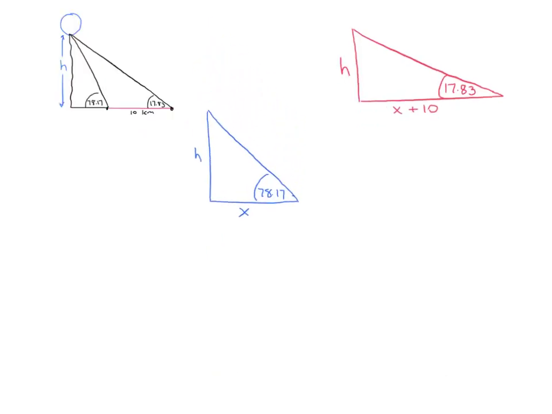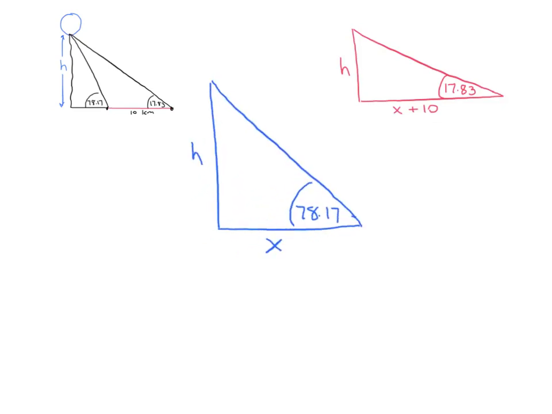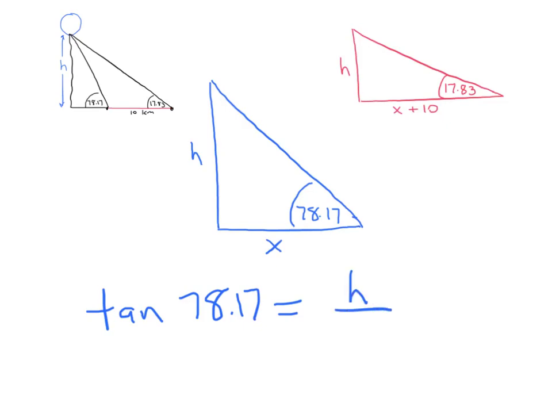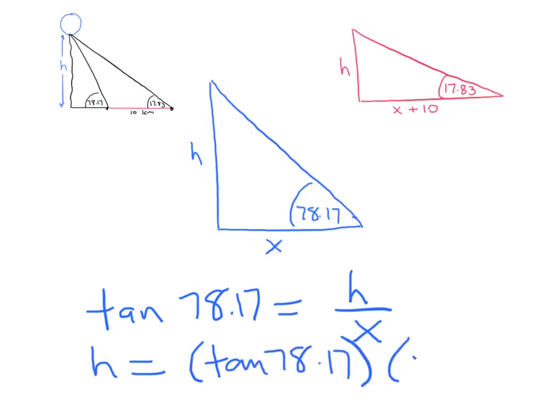So if we look at the first triangle, blue triangle, we can say that the tan of 78.17 is equal to the opposite side, h, divided by the adjacent side, x. And we can also say that h, therefore, is equal to tan of 78.17 times x.